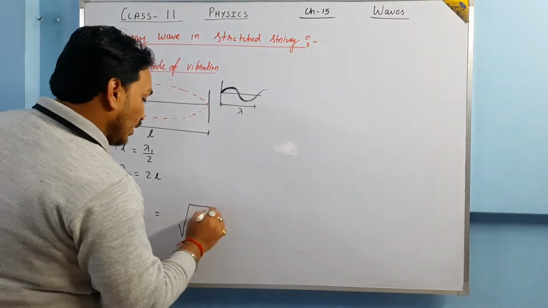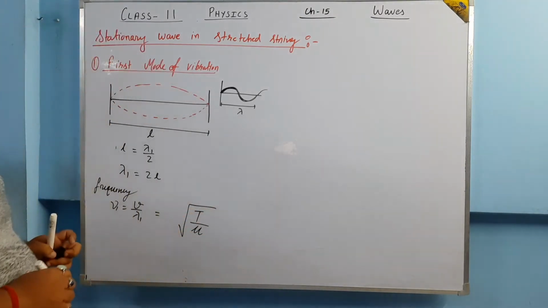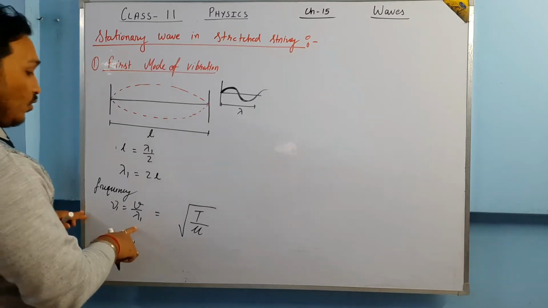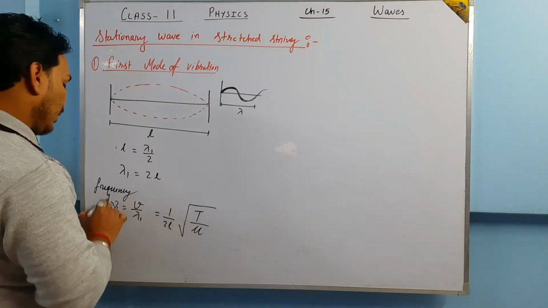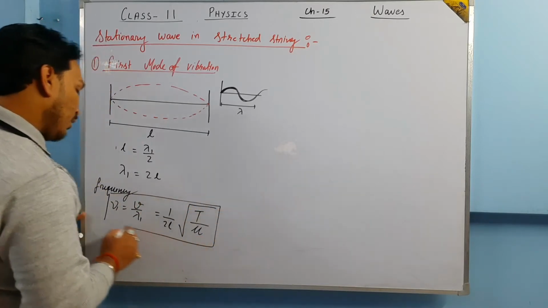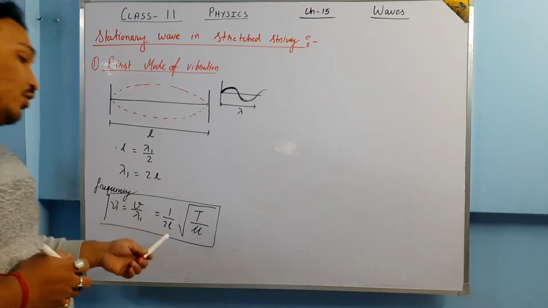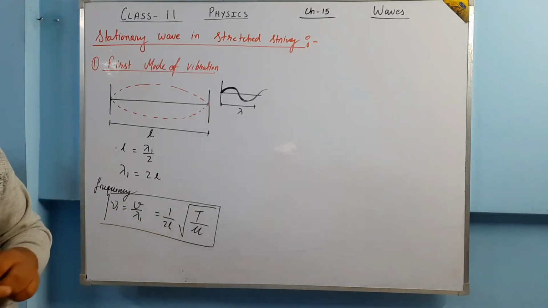It was the square root of T by mu, where T is the tension in the string and mu is the mass per unit length, which we discussed earlier in the previous video lectures. And lambda 1 is 2L. So the first frequency is nu1 equals v by lambda 1, which is equal to 1 upon 2L times the square root of T by mu. L is the length of the string.